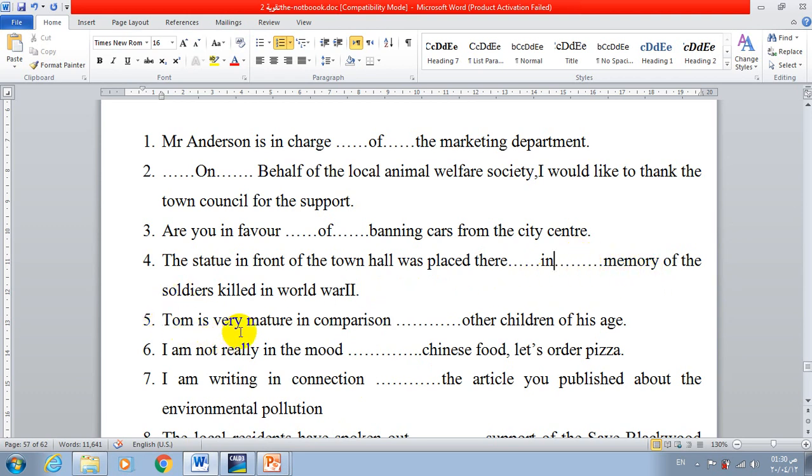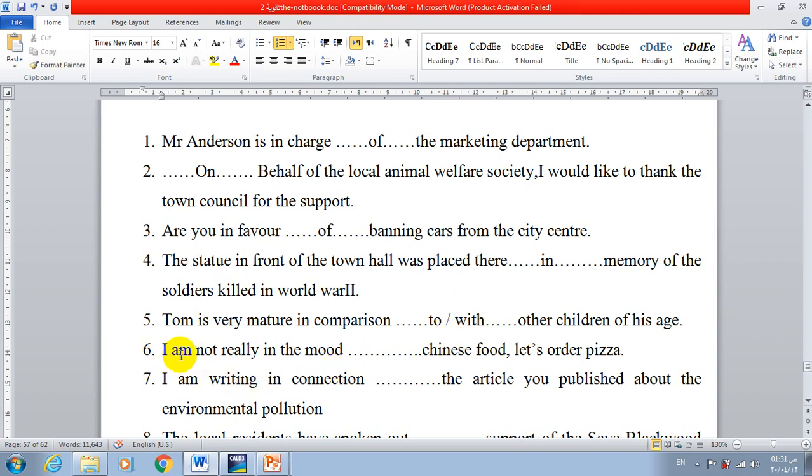Number 5, Tom is very mature in comparison spaces other children of his age. What is the right preposition we must use here? Good. We can use here to or with, in comparison to or comparison with.